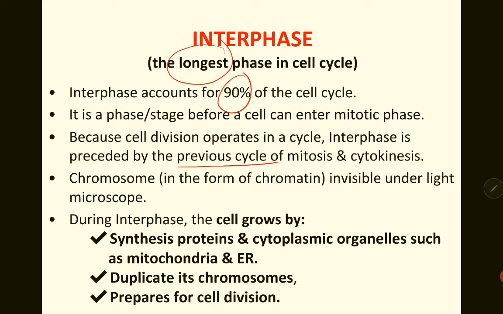During interphase, the chromosomes are invisible under the light microscope. The cell grows by synthesizing proteins and organelles such as mitochondria and endoplasmic reticulum. It will replicate the DNA, or duplicate the chromosomes, and prepare for cell division.